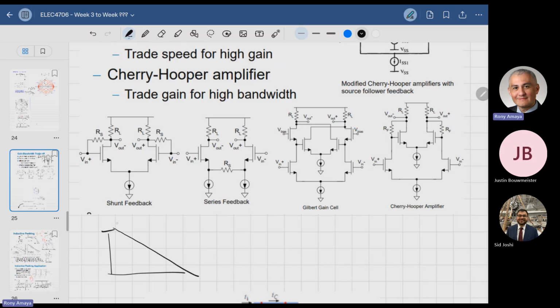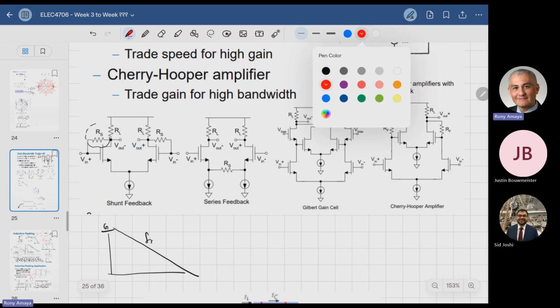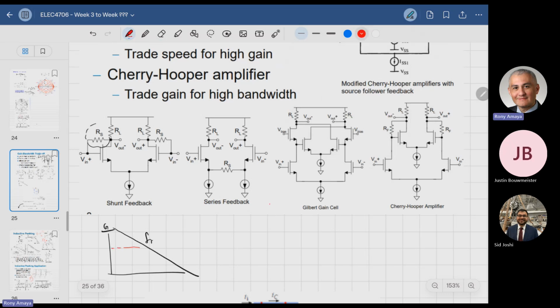So you got gain, and then you have the FT, and so on. But what you end up doing when you use feedback is that you're effectively trading gain for bandwidth, right? Where you have too much gain, you equalize it, and then the high gain gives you a different effect so as to actually optimize the bandwidth.